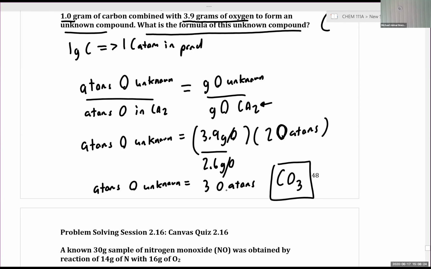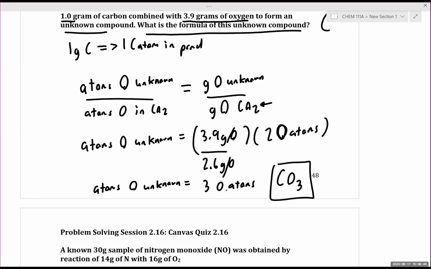Does that make sense? Okay, so we're just dividing the 3.9 with the answer from the one before? Yes. Or you can divide by any mass of oxygen that reacted, as long as you know the number of oxygen atoms that ended up in the formula from that reaction.